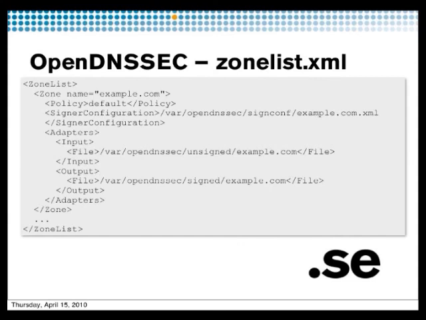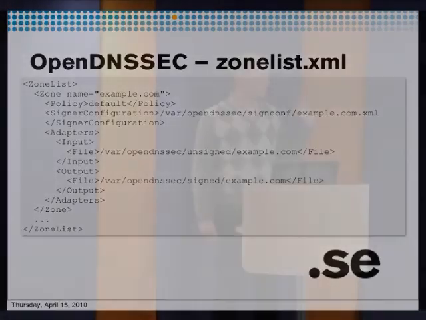Yeah, so it's rolling the serial numbers. So does it matter what the serial number is in the input file then? It does matter if you have the keep option, which means that you keep the unsigned serial number. Then we check against the unsigned SOA serial number to see if it's been updated. If it has, then we can output more. If you're letting OpenDNSSEC manage the serial number, then it doesn't matter what serial number you generate.